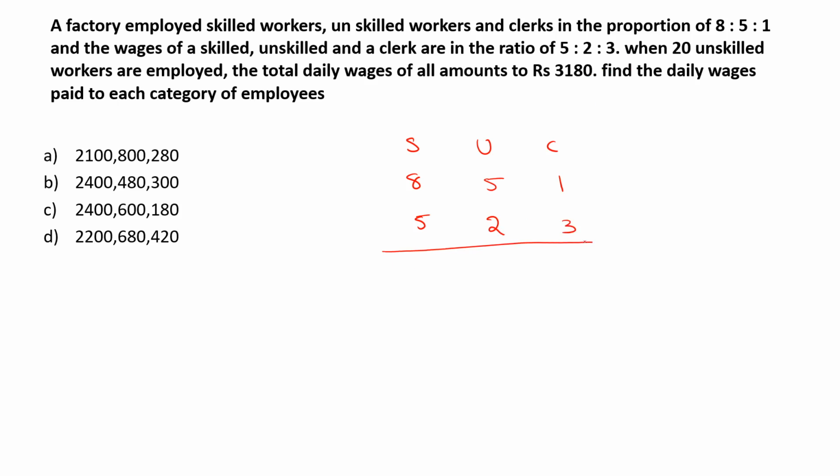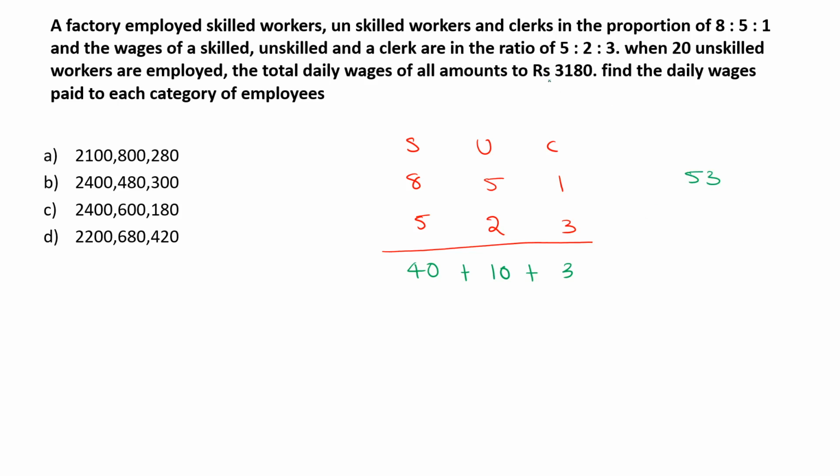Then the total amount to be paid by that employer is 8 fives, that is 40, 5 twos are 10 and 3 ones is 3. Then the total amount he needs to give in wages is 53 rupees.